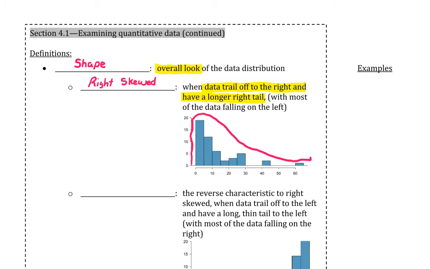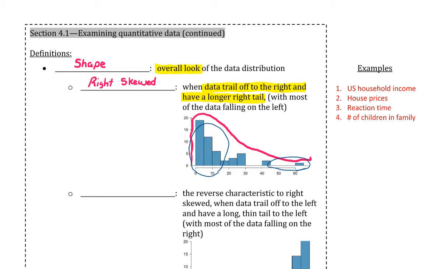Some examples of data that might show a right-skewed distribution might be U.S. household income. When thinking about U.S. household income, a higher frequency of households will have a lower income, while a lower frequency of households will have a higher income.